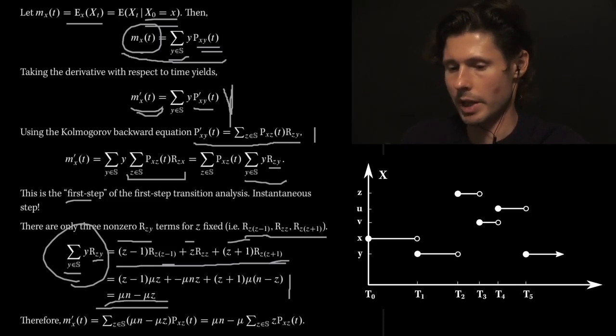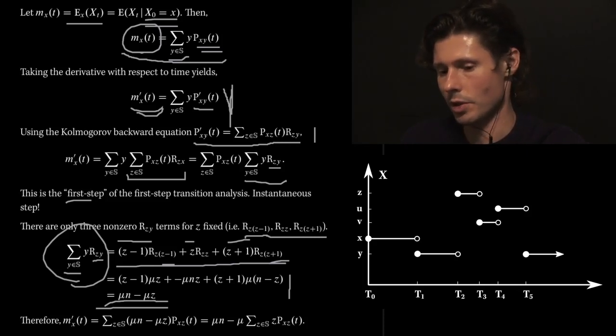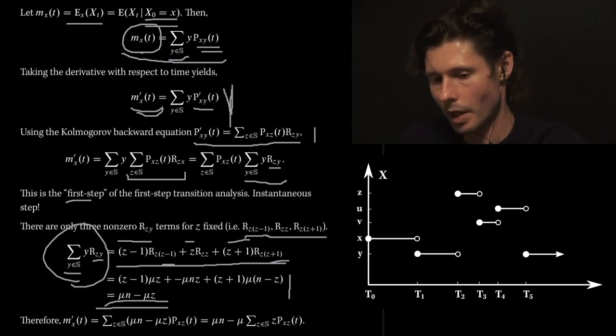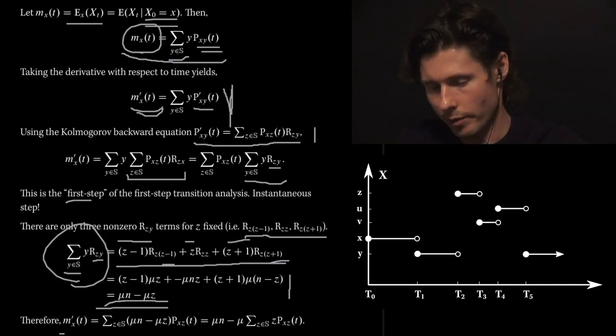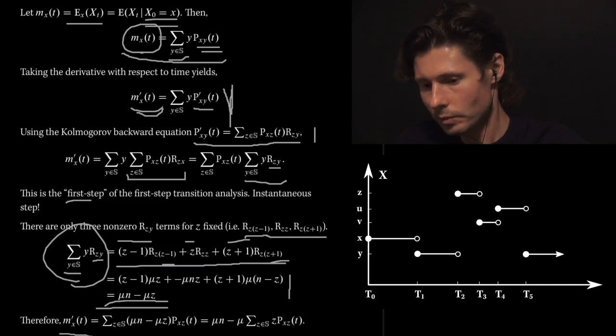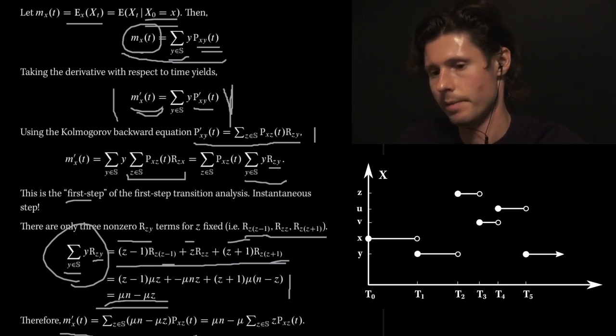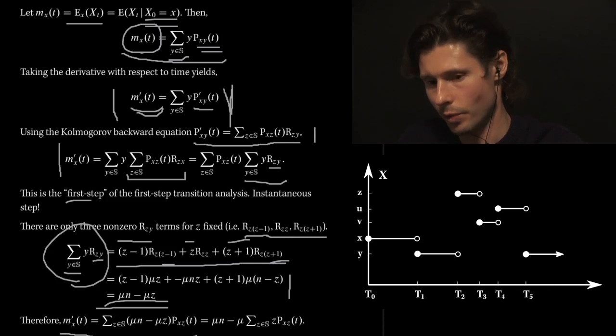And all of this really has the same feel as first step transition analysis in discrete time. And now we're going to put everything back together again. This is what happens when you plug in this final sum here.